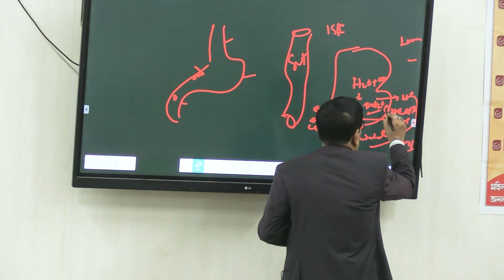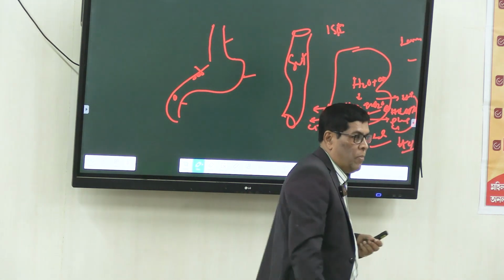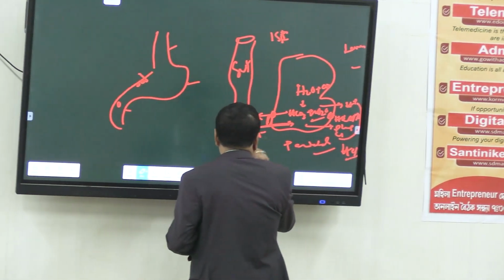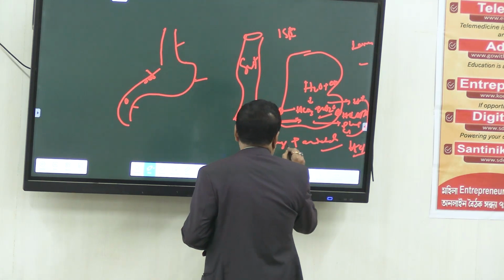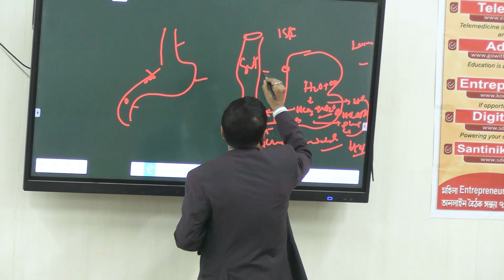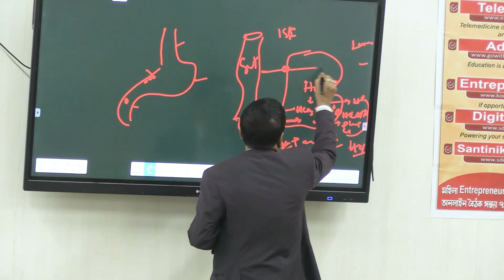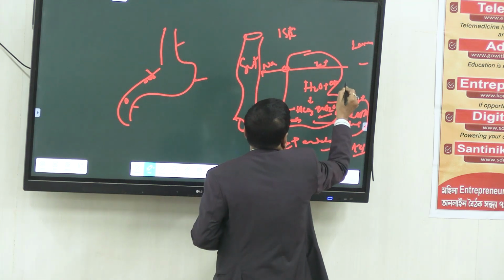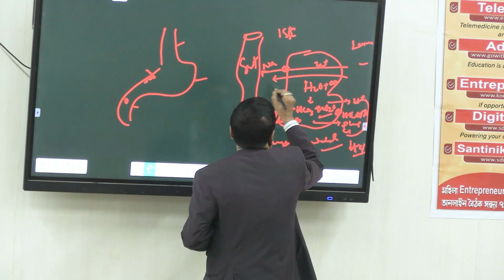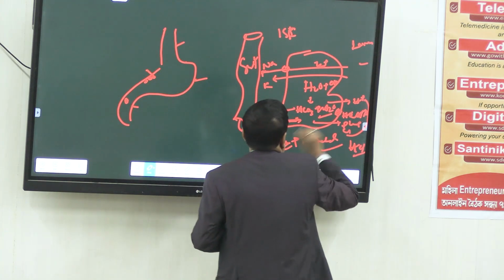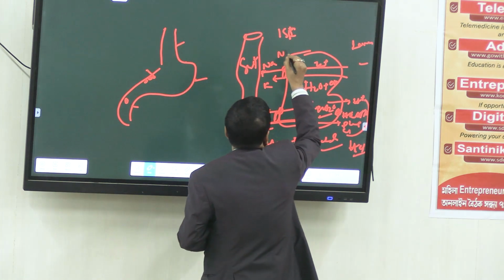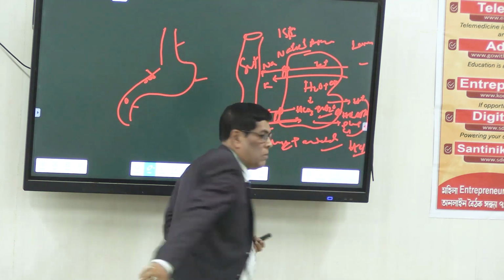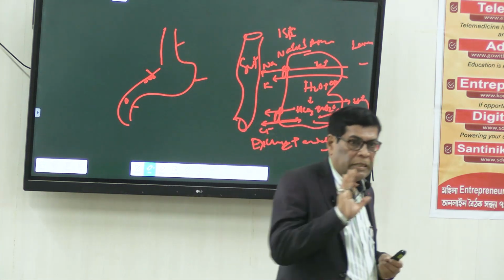Alright, so this pump is the hydrogen-potassium ATPase pump, the exchanger pump. And there is also sodium going out and potassium coming in. So this is your sodium-potassium ATPase pump. So these three pumps are involved in the synthesis of hydrochloric acid.